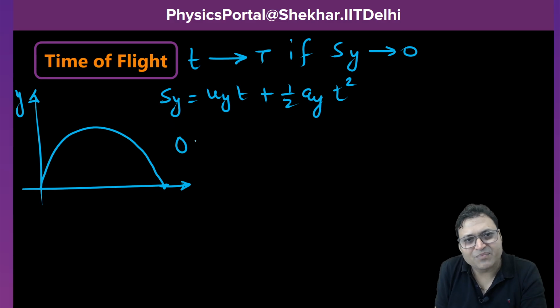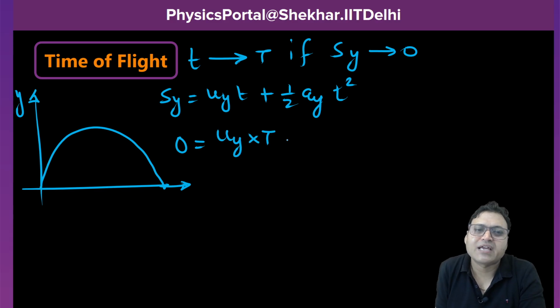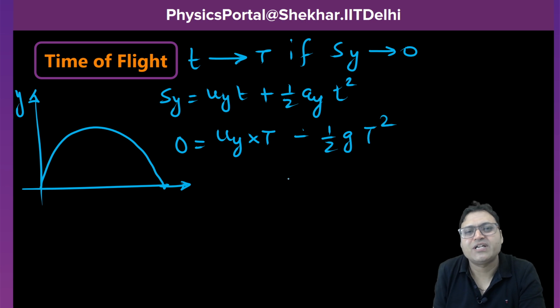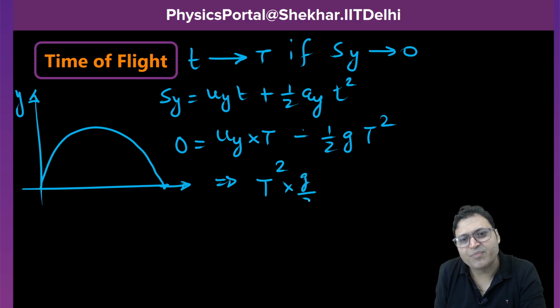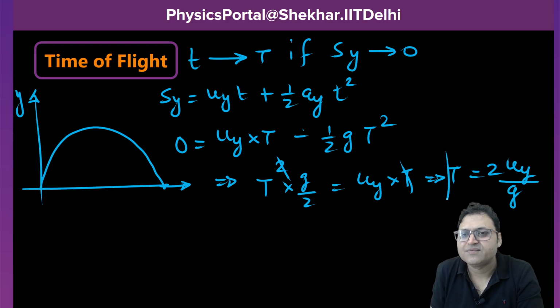When Sy becomes 0, then 0 = uy T minus half g T square. So T square into g by 2 is equal to uy into T. T getting cancelled out, the time of flight will be equal to 2uy by g.